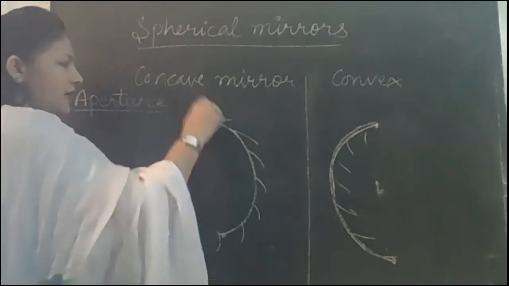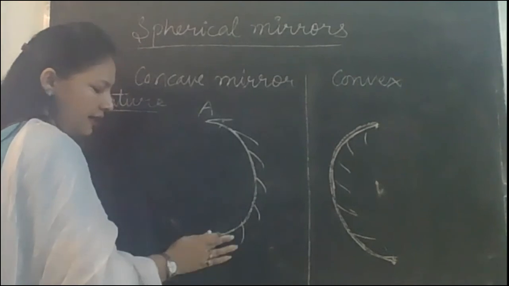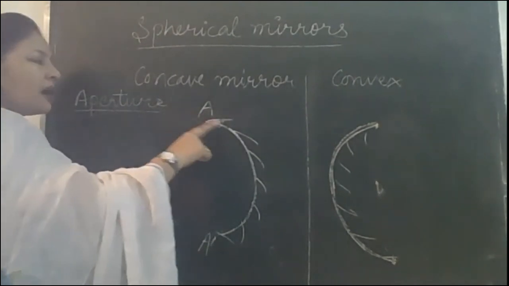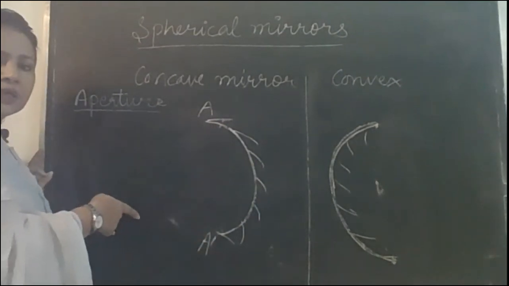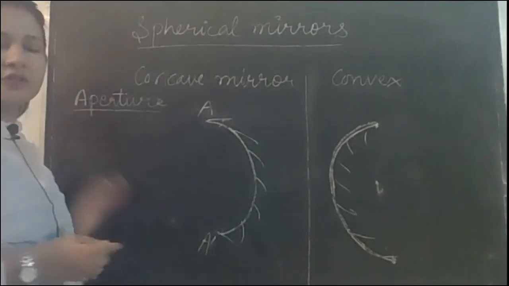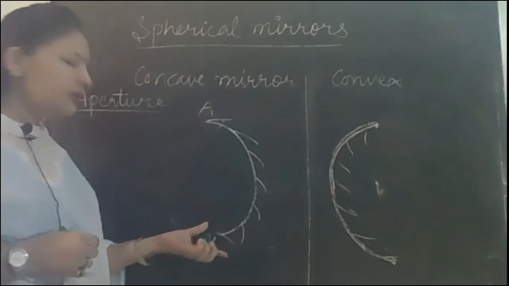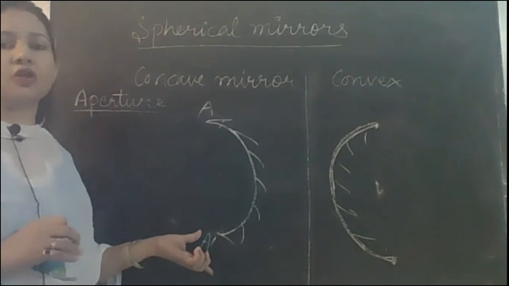Like this, AA dash is the aperture of the mirror. It is the part of the mirror from which reflection can take place. From the whole of this part, reflection can take place. So that's why this is also the aperture of the mirror.